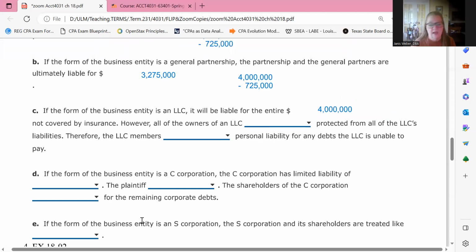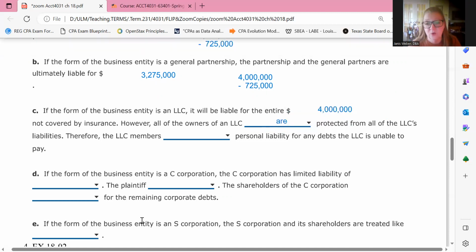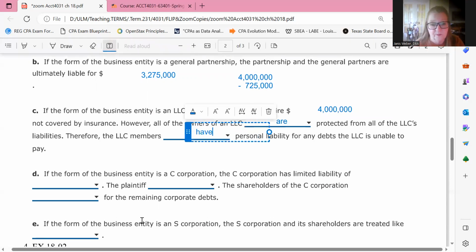However, all the owners of the LLC, and what they're wanting here is the word "are", because this question said all the owners are protected from all of the LLC's liabilities. So the owners aren't subject to any of this. Therefore, the LLC members have no personal liability.